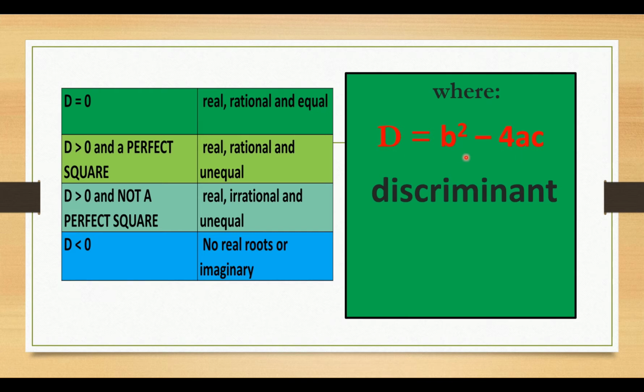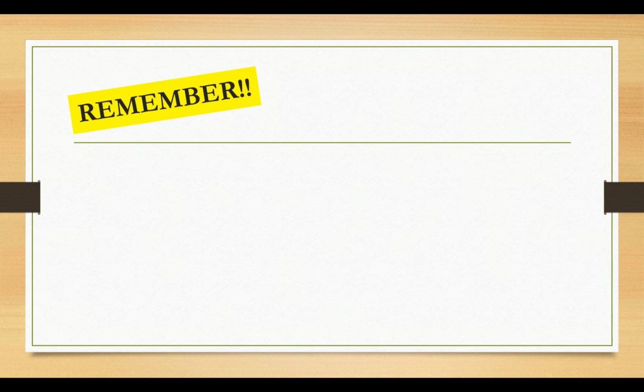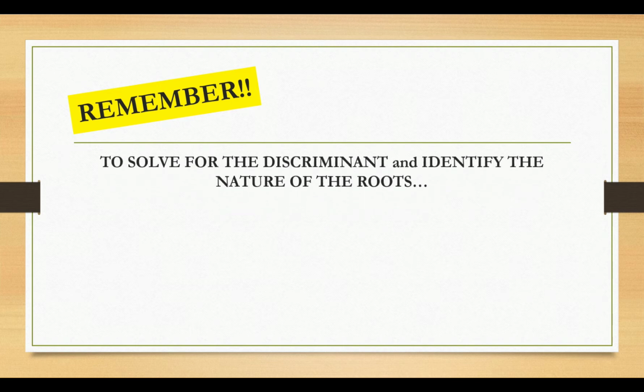As you can see, this formula b squared minus 4ac came from your quadratic formula. That is the part under the radical sign in your quadratic formula.